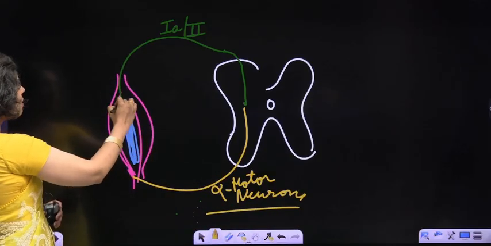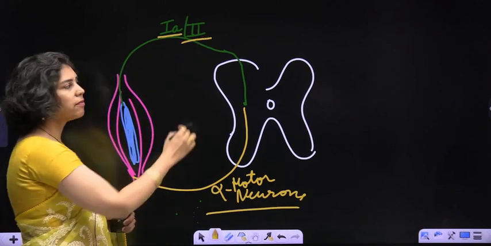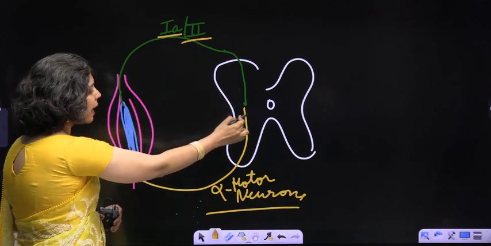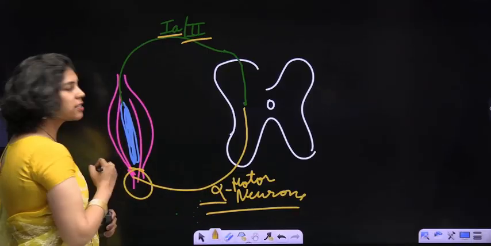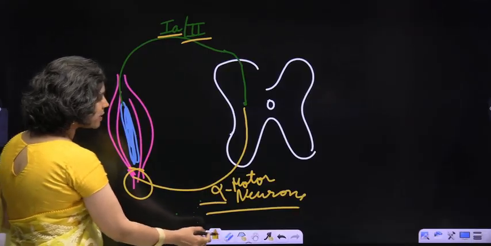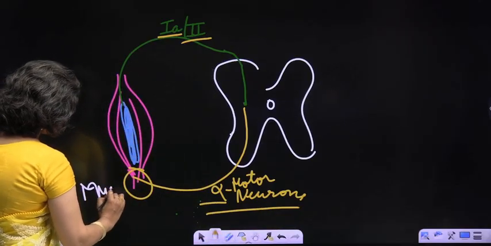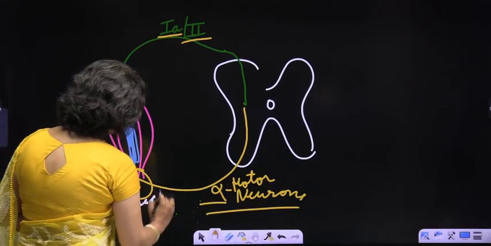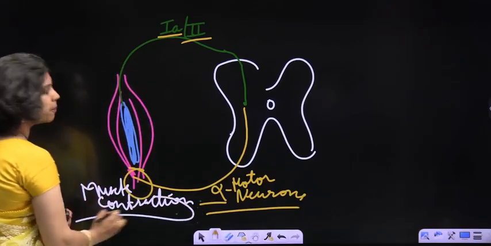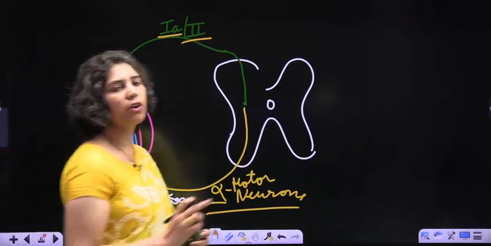Afferent fibers from the muscle spindle via 1A and type 2 fibers reach the integration center, and efferent fibers, the alpha motor neurons, supply the extrafusal fibers, and the ultimate response is contraction of the muscle.